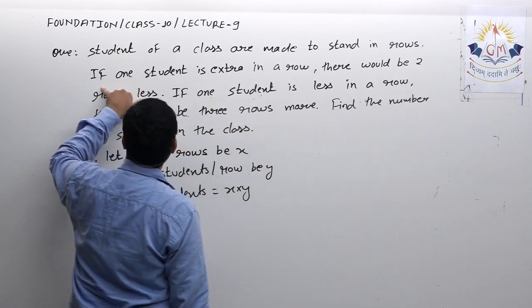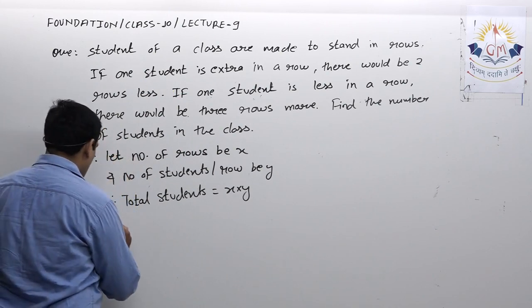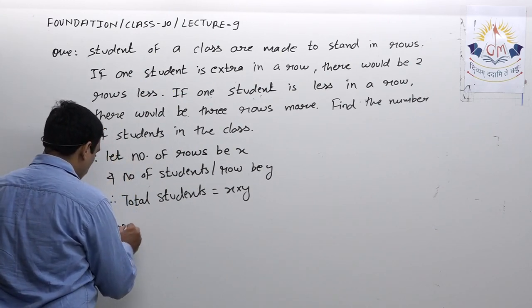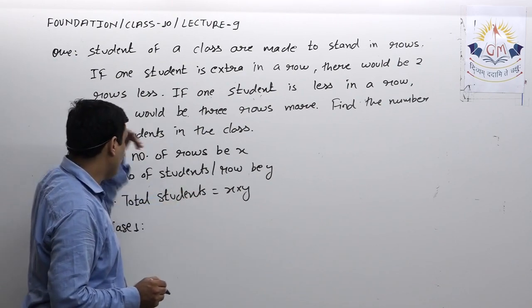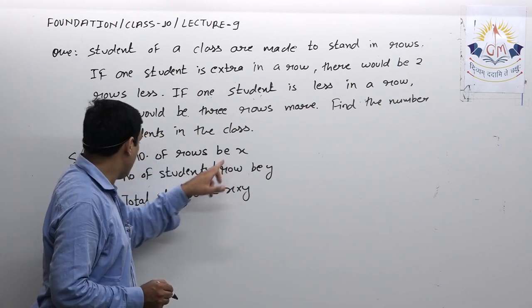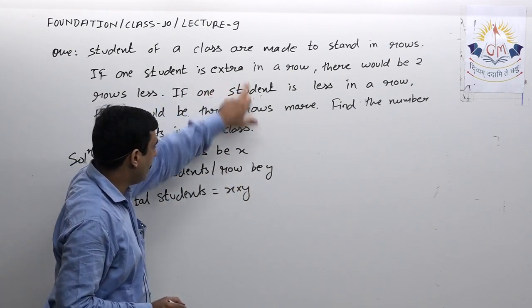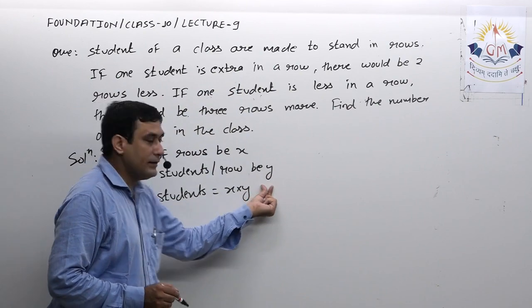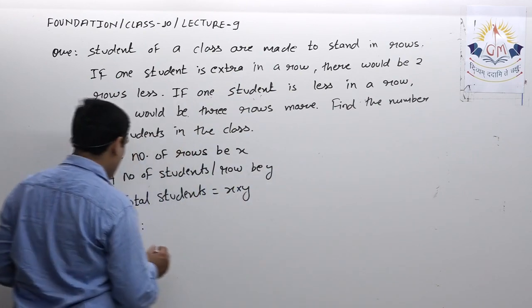Case 1: if one student is extra in a row, that means initially there were y students, now there are y plus 1 students.